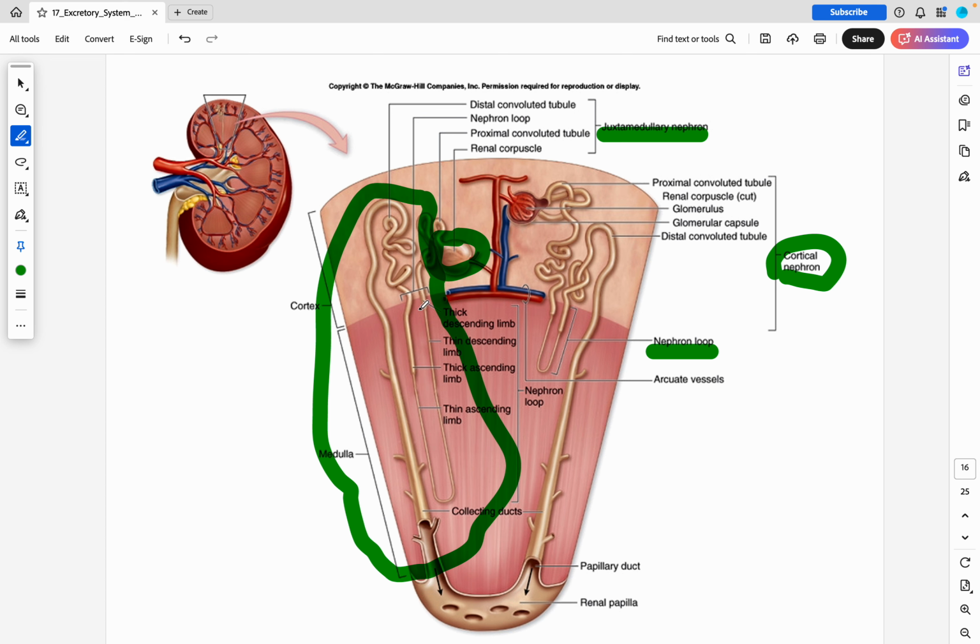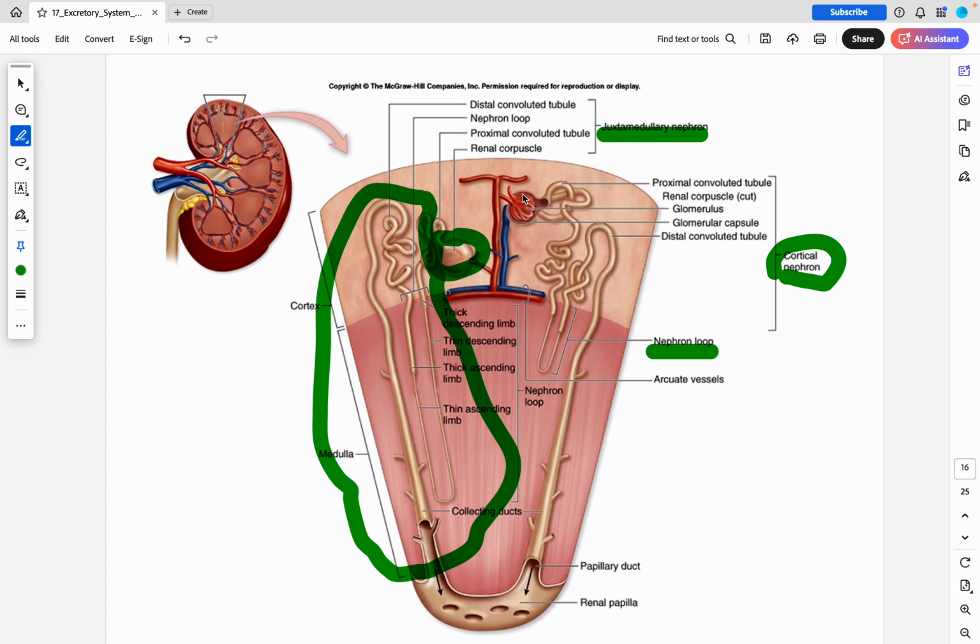Now, looking into the different parts of the nephron, we'll discuss them one by one, but to enumerate them, we have the renal corpuscle, which is made up primarily of a convoluted ball of capillaries where blood passes through.